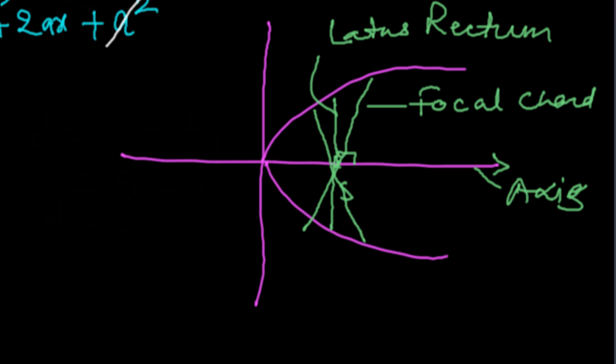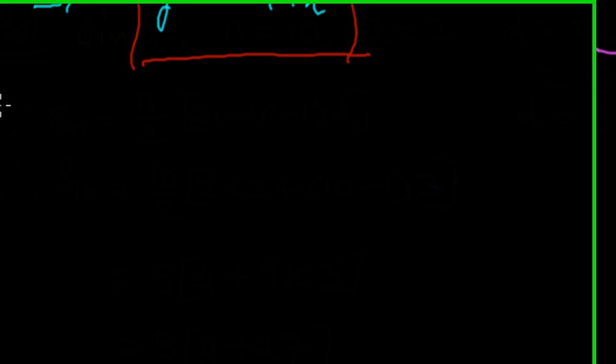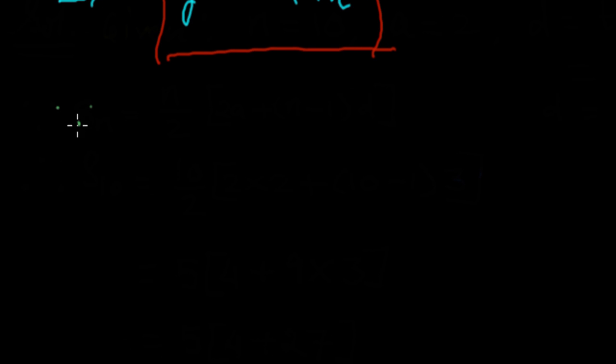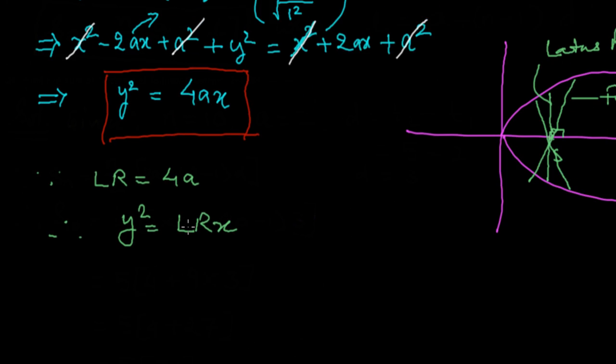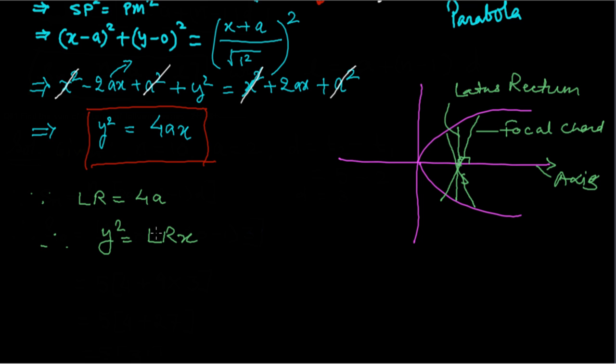So latus rectum is equal to 4a. Therefore we can write this equation also as y square is equal to latus rectum into x. We can use this form if the latus rectum is given and you have to find the equation of parabola.